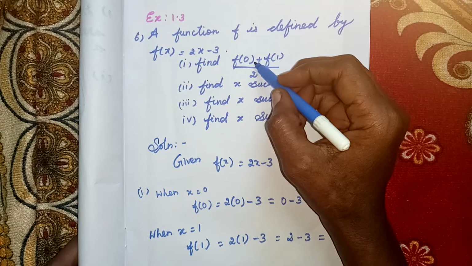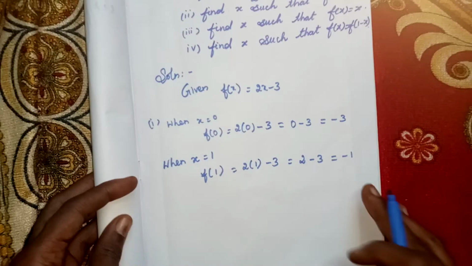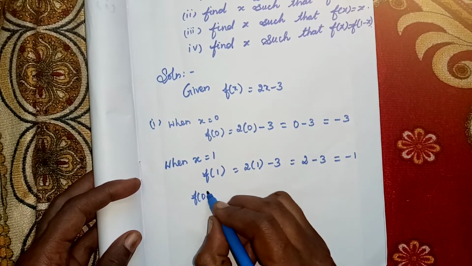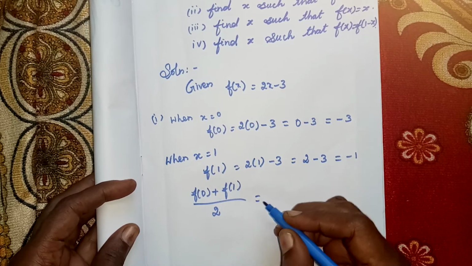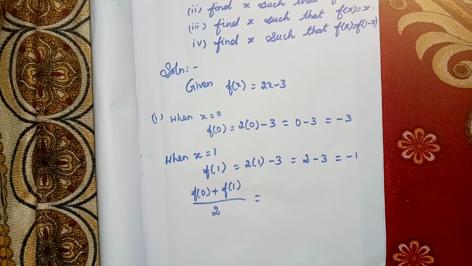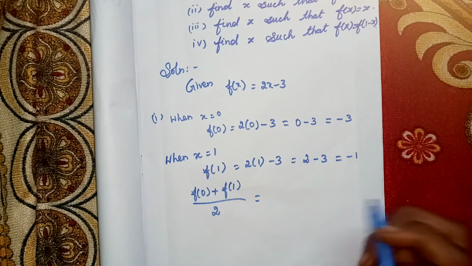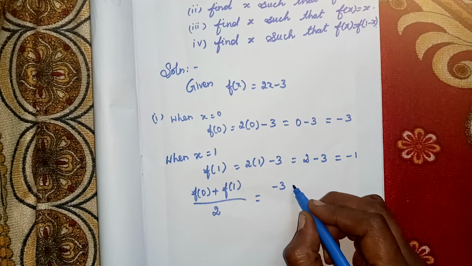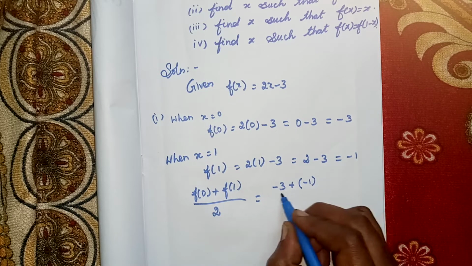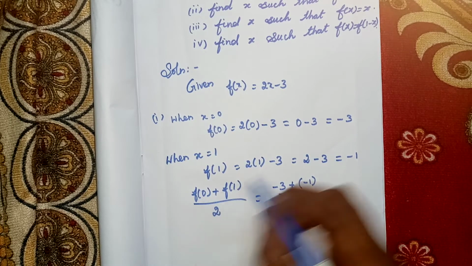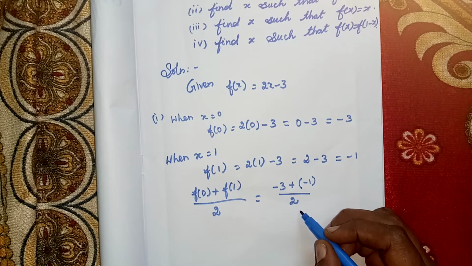f(0) we have found, f(1) also we have found. Then f(0) + f(1)/2 we have to find. f(0) + f(1)/2 is equal to, what is f(0)? −3, is it? f(0) is −3 plus f(1), which is −1, divided by 2.